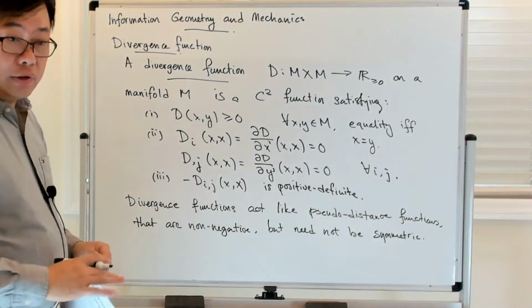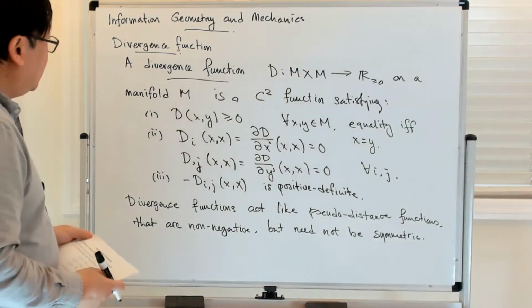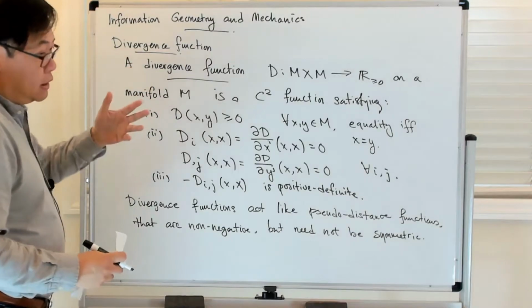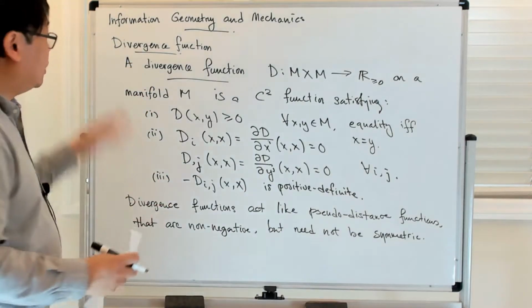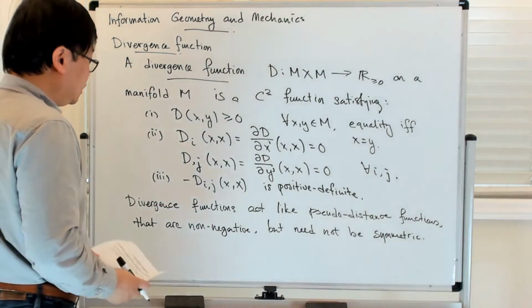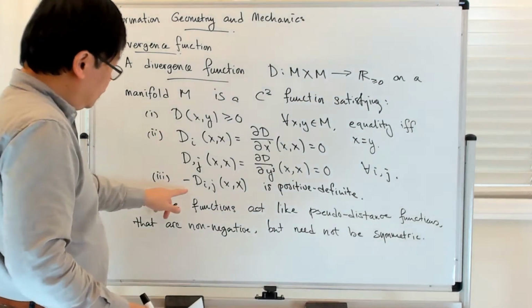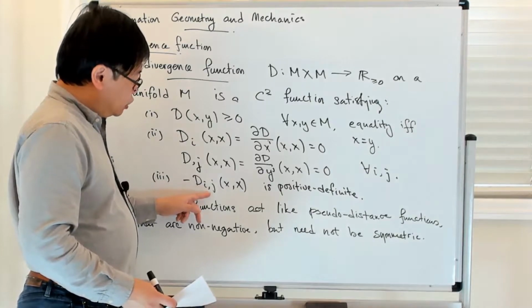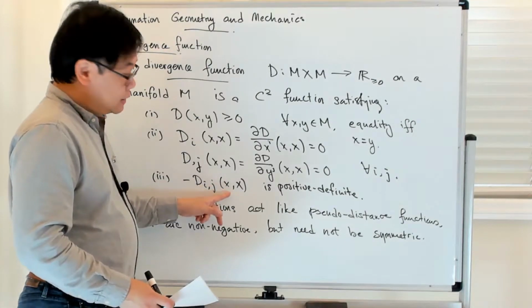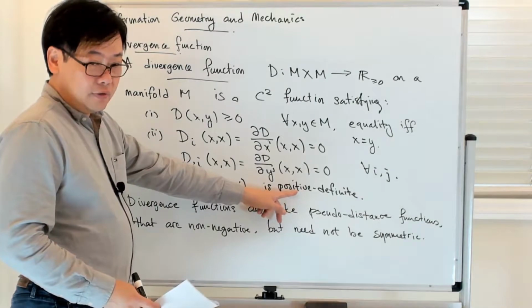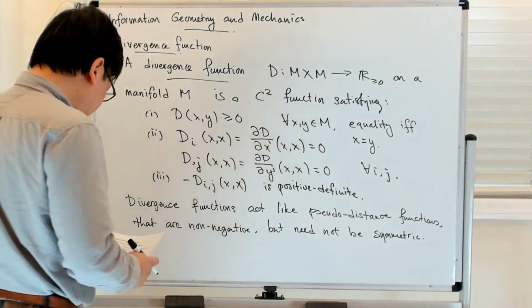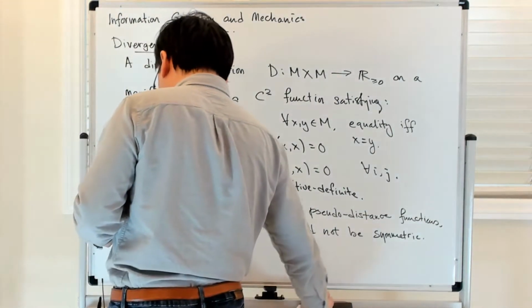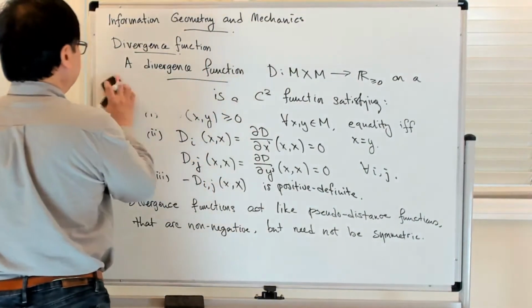which a divergence function satisfies, and then the next thing is to talk about the differential geometric objects which are induced by this divergence function, and you already have a hint as to the first one, which is this negative D_{i,j} term evaluated along the diagonal. That's going to be positive definite, and that's a candidate for a Riemannian metric. Okay, and that's indeed the case.